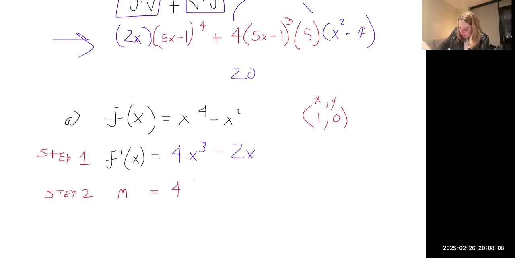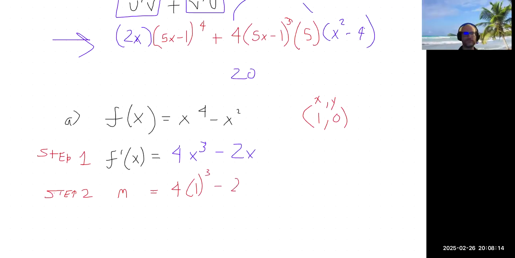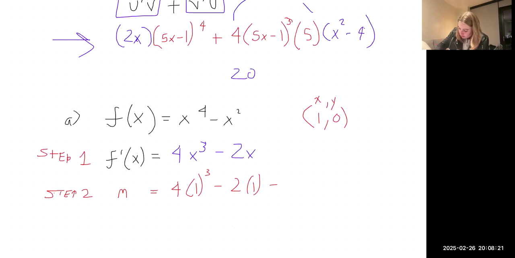And then 1 cubed, which is just 1, minus 2 times 1. So we get 4 minus 2, which is 2. Good. That was fairly straightforward.